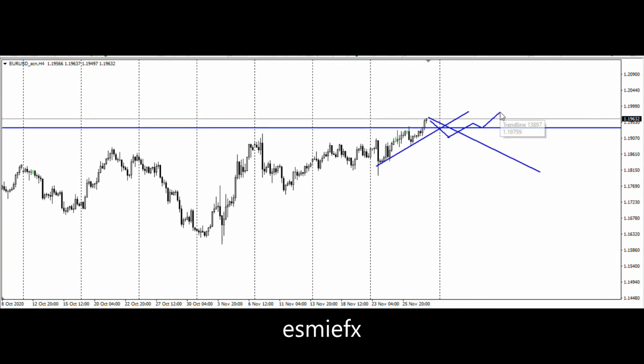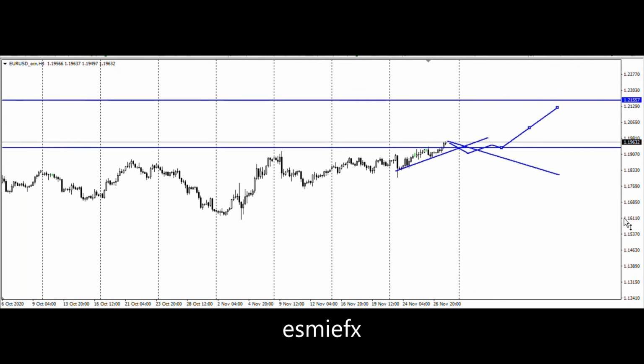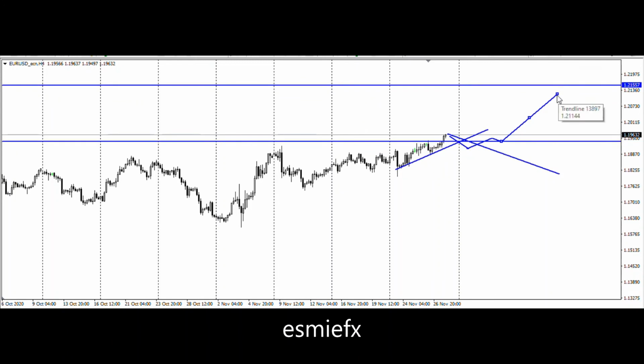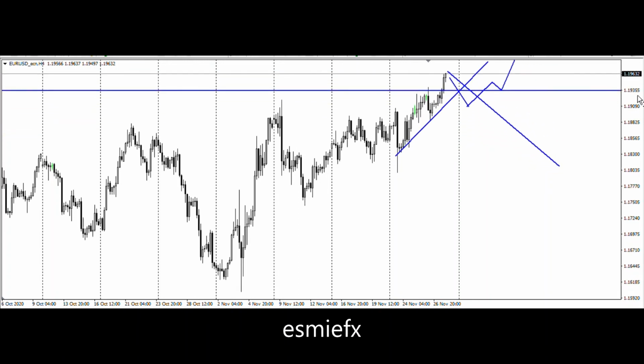I'm not sure it will move to that particular level. We'll see how price unfolds, because it can give a pullback as long as the lows do not break, or it can even break them and then form a wick, so it becomes like a double bottom and then moves up.